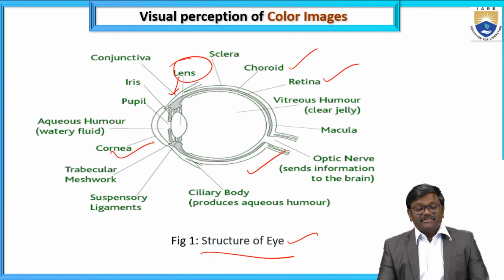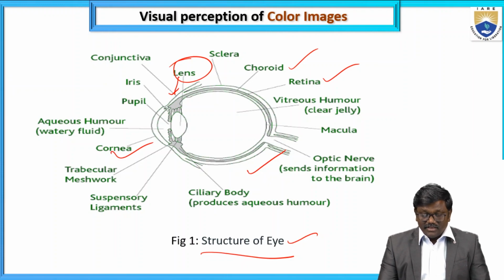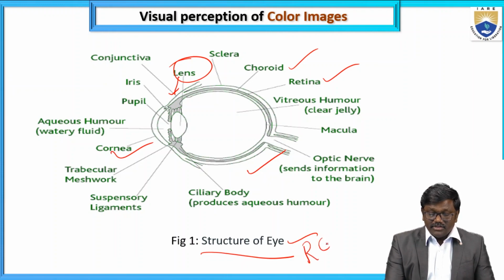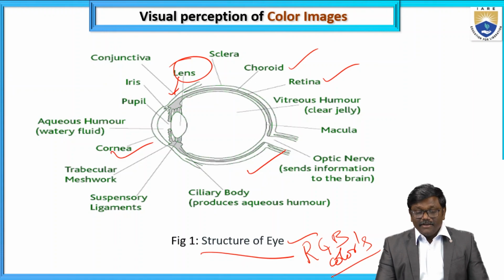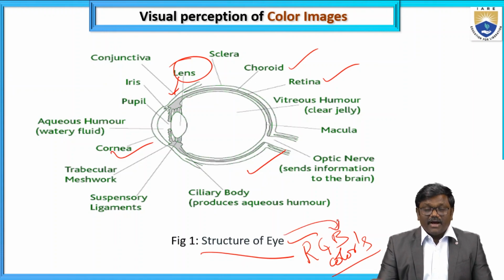Based on this, we are looking at how the color image changes in terms of colors. What are the colors? The RGB color model. Those are the colors we concentrate on based on the structure of the eye.